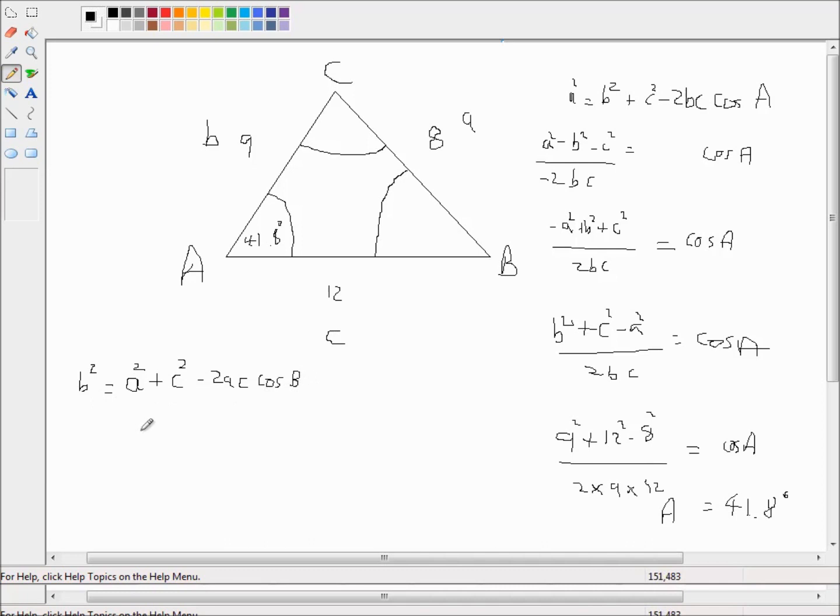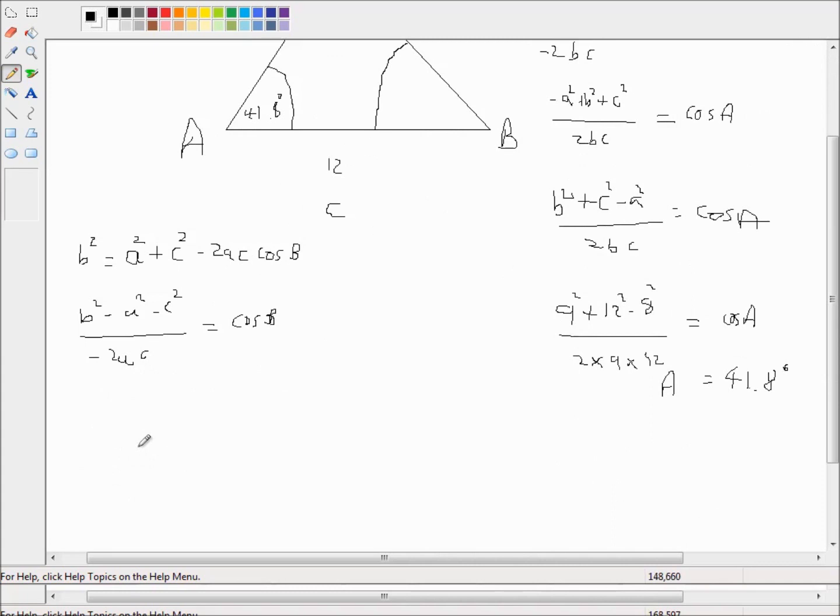So rearranging that, we get B squared minus A squared minus C squared over minus 2AC is equal to cos B. I'm not going to go through all that length because I'm hoping we can do this a little bit quicker this time. And this time I'm going to multiply top and bottom by -1 and rearrange at the same time.